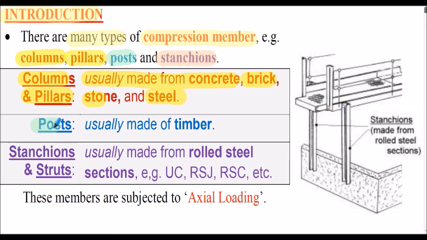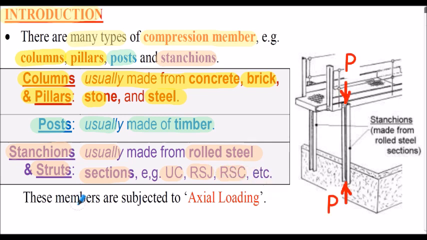The term posts usually relate to compression members made of timber, and stanchions and struts usually are made from rolled steel sections such as universal columns, rolled steel joists, rolled steel channels, etc. And what all these members have in common is that they are subject to axial loading. As shown in the diagram, the force P or load P is applied to the, in this case, the stanchions.